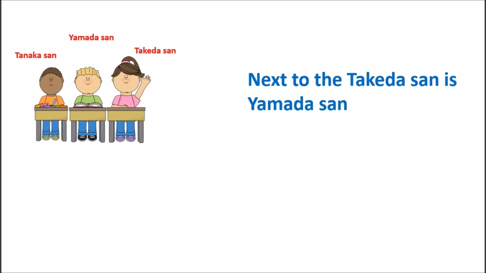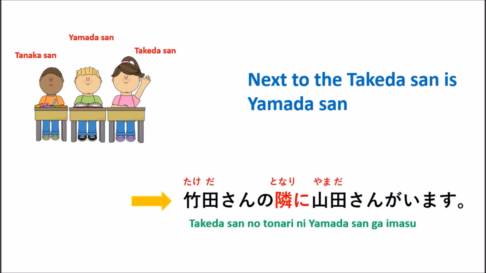You can say 武田さんの隣に山田さんがいます。You see that in this sentence you use the word 隣に, right? 隣 means next to.